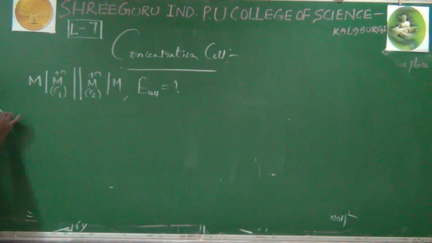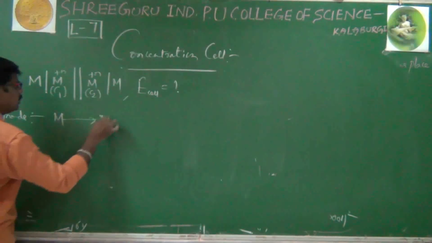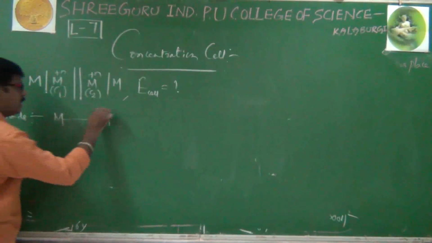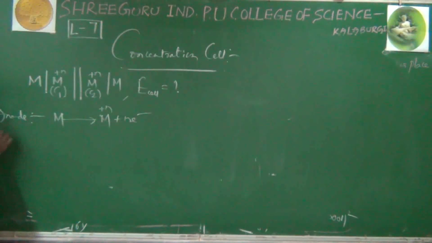First, the anode reaction. Anode is nothing but oxidation. Oxidation means metal has converted to metal ion. Metal M, by losing n electrons, converted to metal ion.